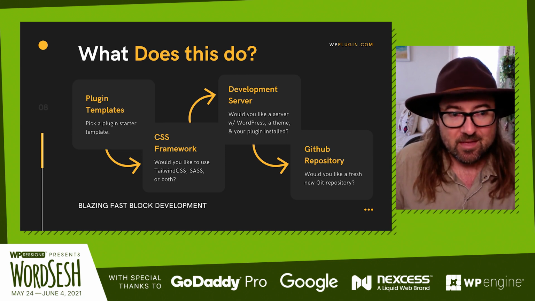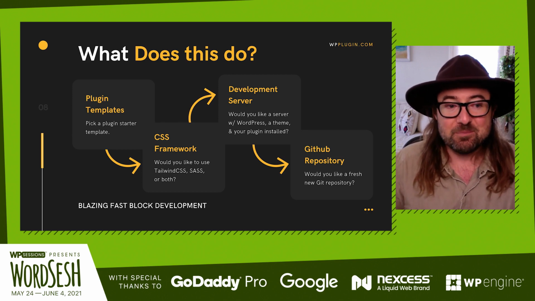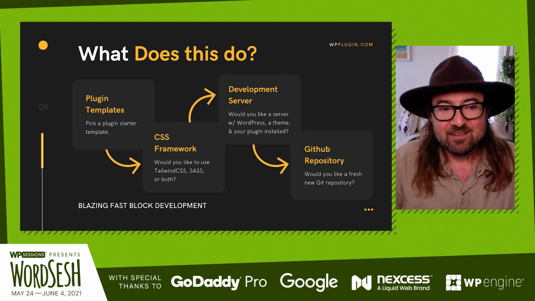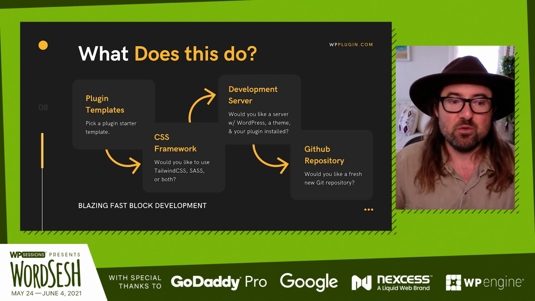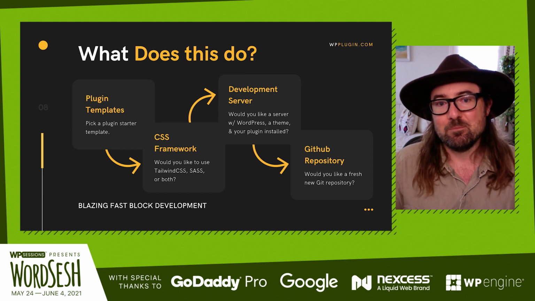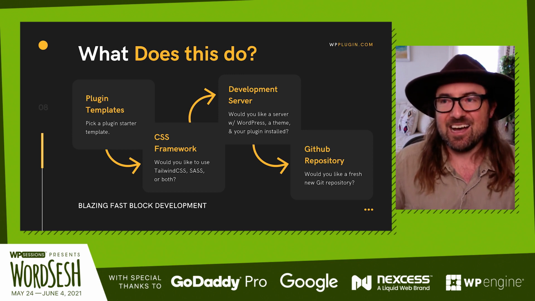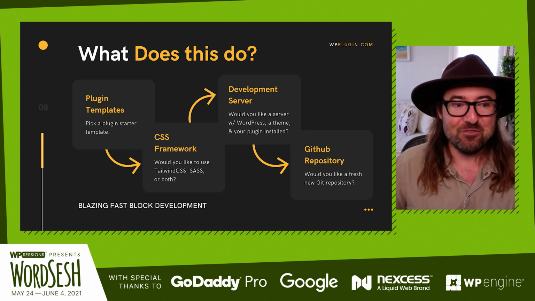It comes with a handful of plugin templates. You can initially pick a plugin starter template and then start building from there. Right now we're launching with one plugin template to build a static block plugin. But I've got 15 other plugin templates that I've been honing over the years.